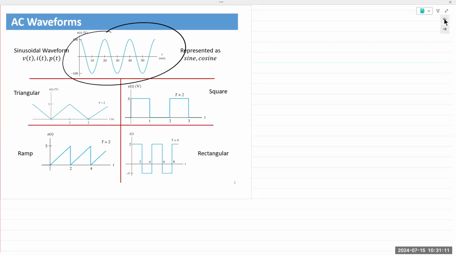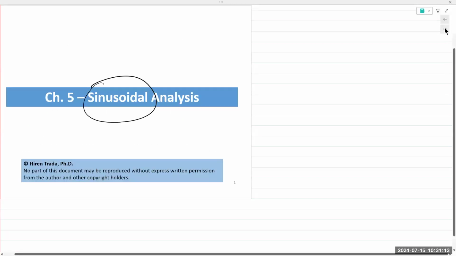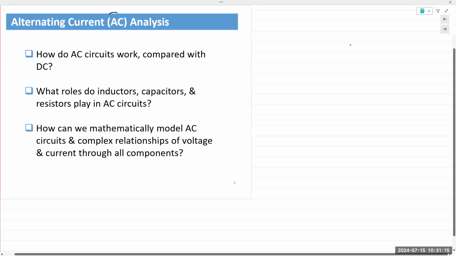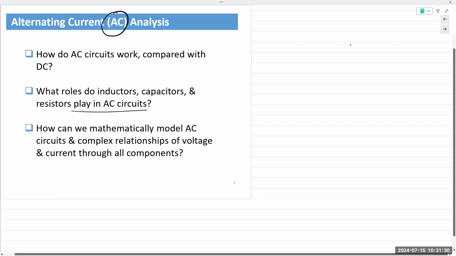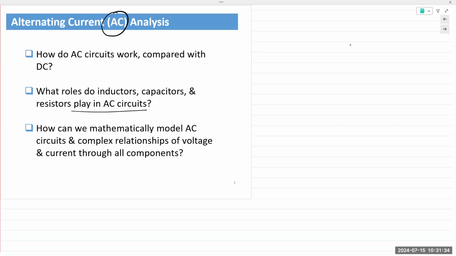This entire chapter is basically about AC. So what we're going to study is how AC circuits work compared to DC. What roles do the three components play in these AC circuits? And how can we mathematically model the relationship of these components and the voltage and currents in these components in response to an AC source.